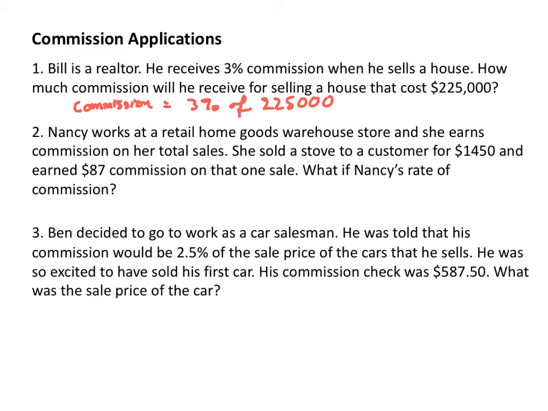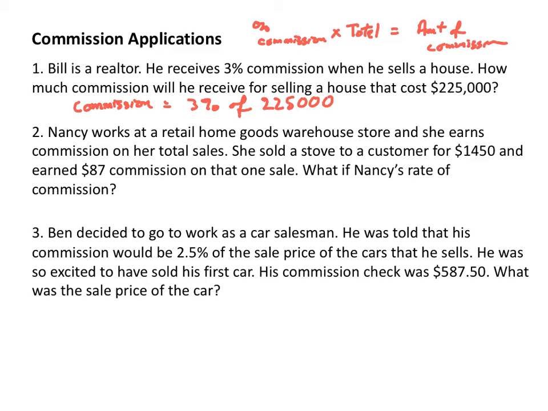So if you're going to have an equation for these, then it's the percent commission as a decimal times the total sales equals the amount of commission. You can also do these by proportion.